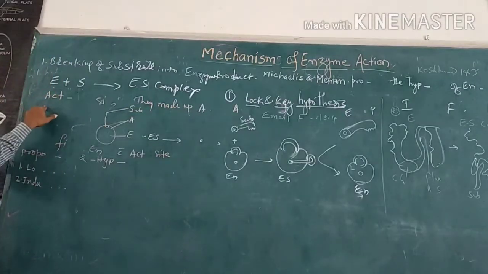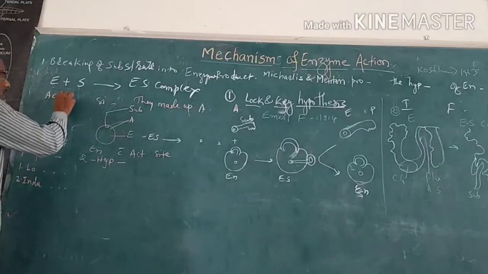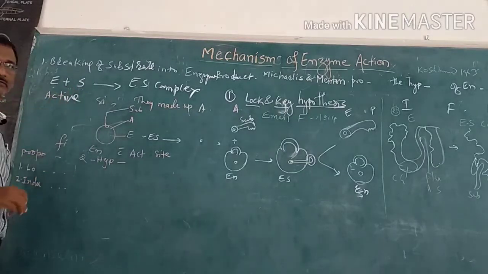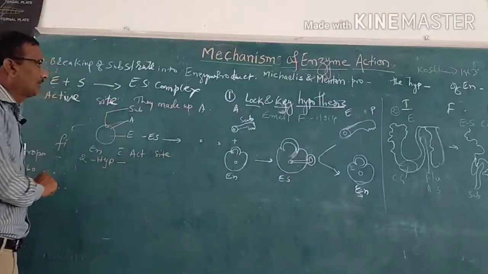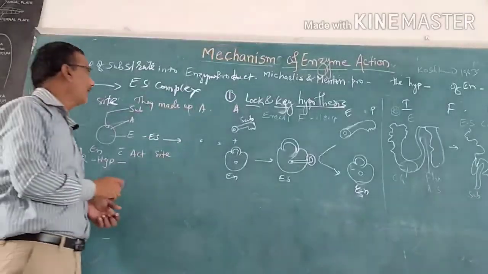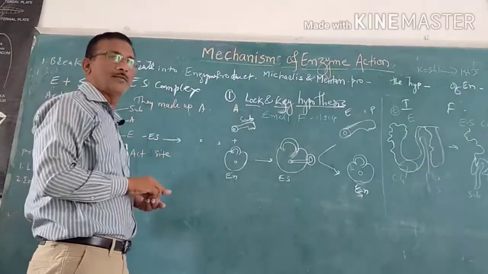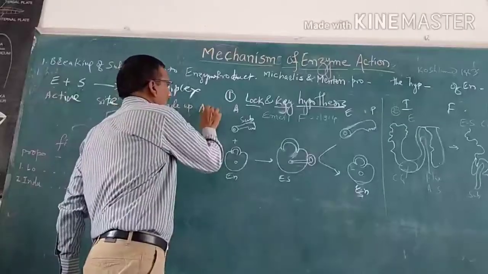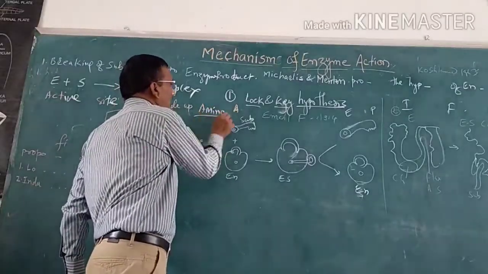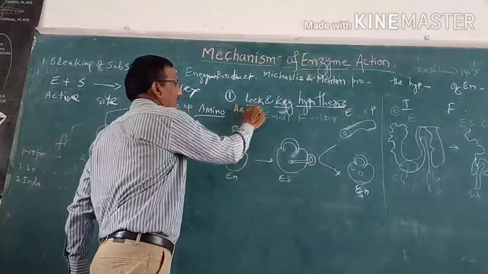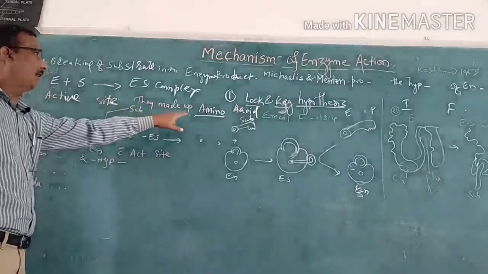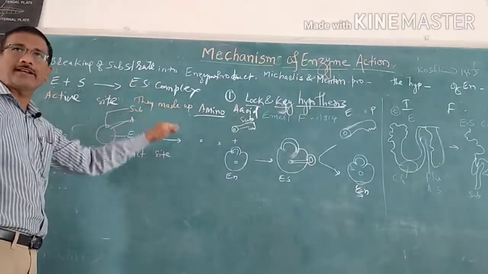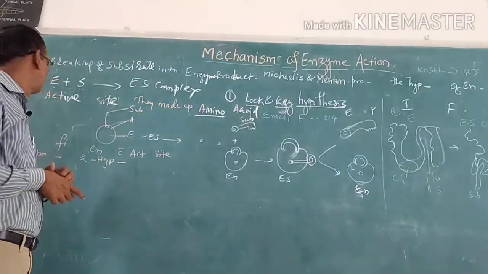E is the enzyme which has the active site, and the active site is made up of amino acids.